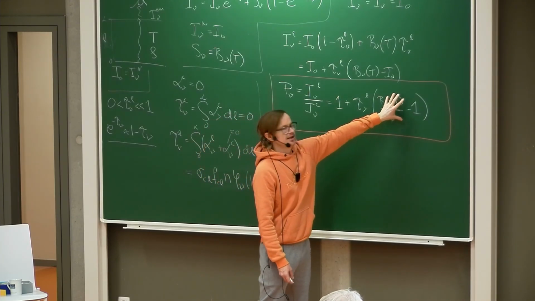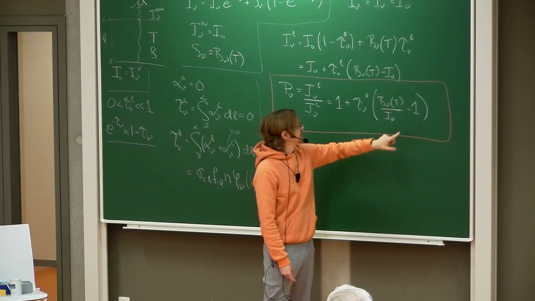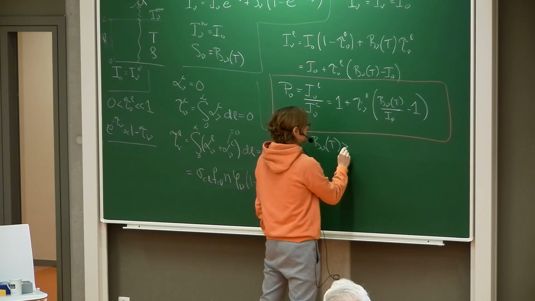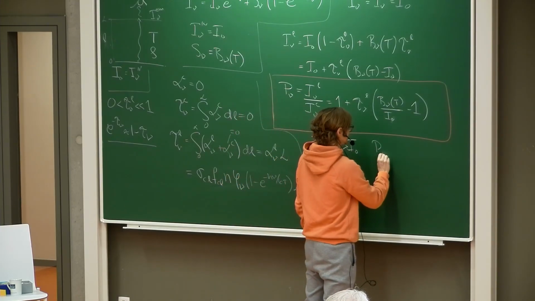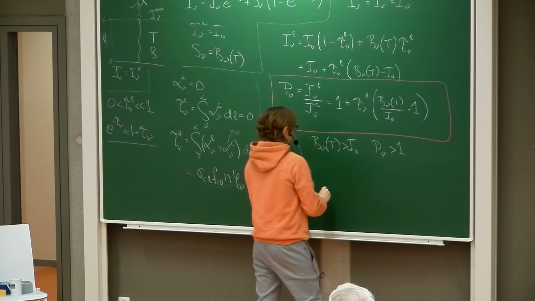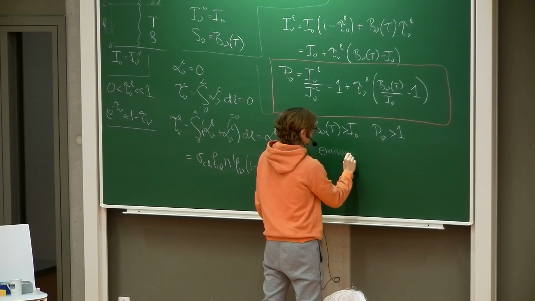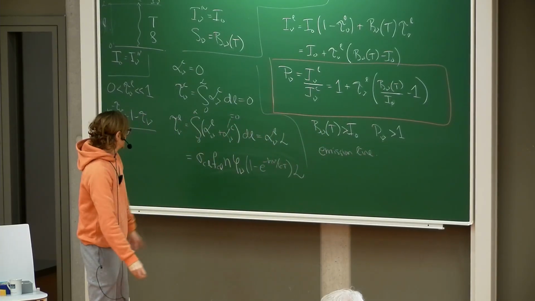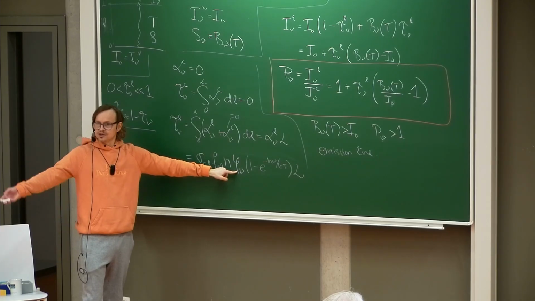And then we have the condition that if this factor here is greater than 1, that is, if B nu of T is greater than I0, then P nu is greater than 1. And this is what we mean with an emission line. You can see that in this case, this emission line will follow the spectral shape of the line profile function, which perhaps is a Gaussian if we have Doppler broadening.